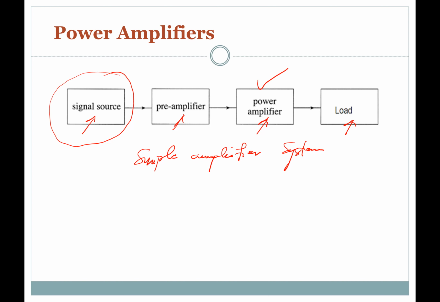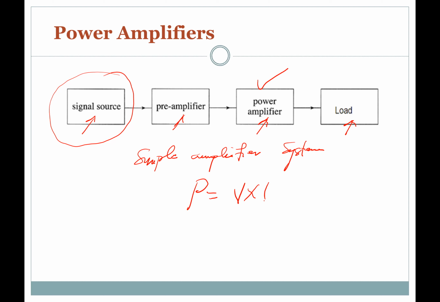The main job of a power amplifier is to deliver power, that is power P, which is a product of V and I, to the load.